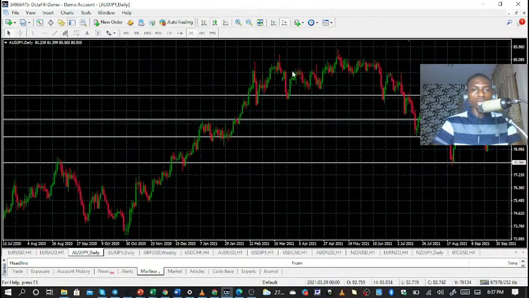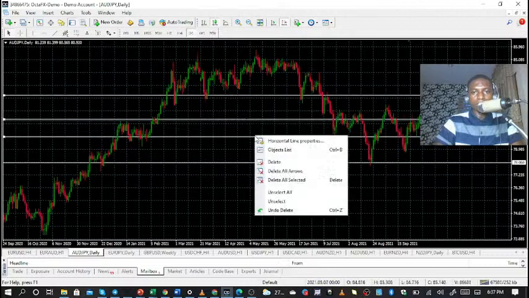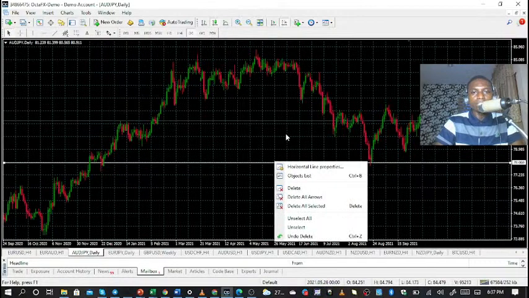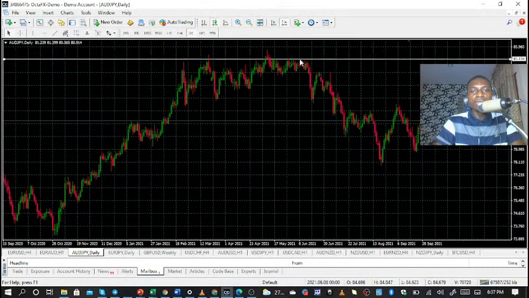Now let's look at support and resistance. From my previous explanation, look at this level here. Is it a support or a resistance?